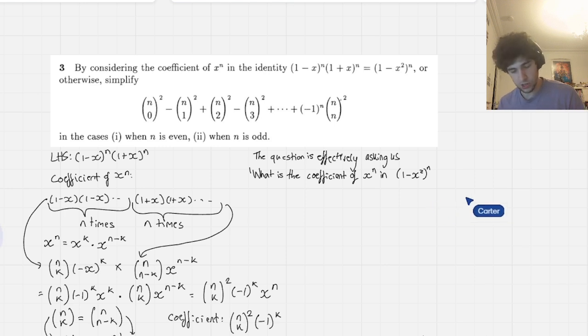That's basically the question, right? We don't even care about that sum anymore because we know that that sum is just equivalent to that coefficient. So that's irrelevant now.